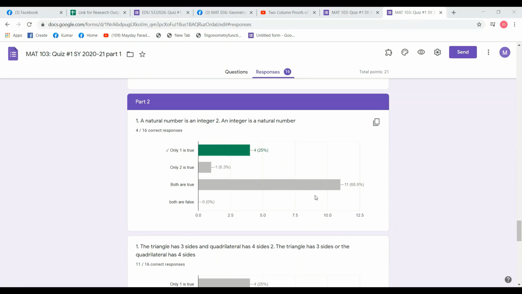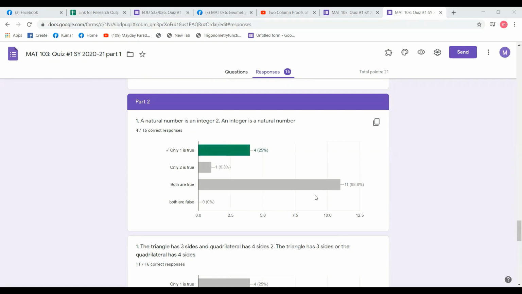If we recall back in your algebra, by definition, a natural number is a natural counting number, that's 1, 2, 3, 4, 5, 6, and so on. While an integer, by definition, is the union of the set of whole numbers, that is 0 and the natural numbers, plus the negatives of the natural numbers.